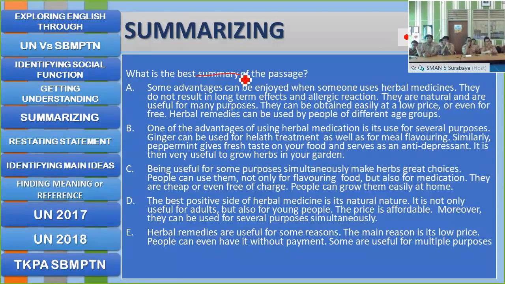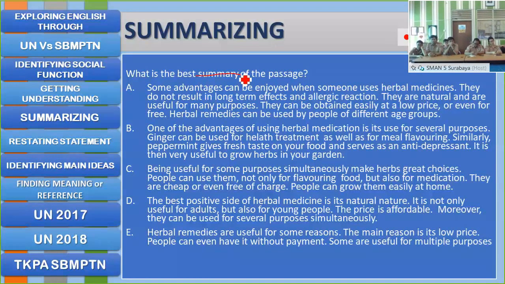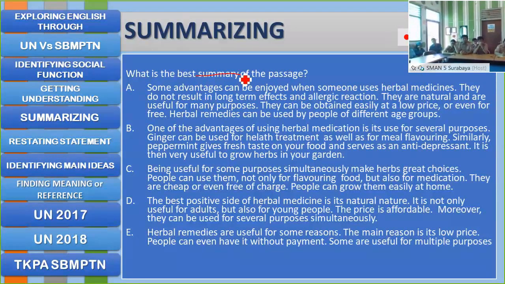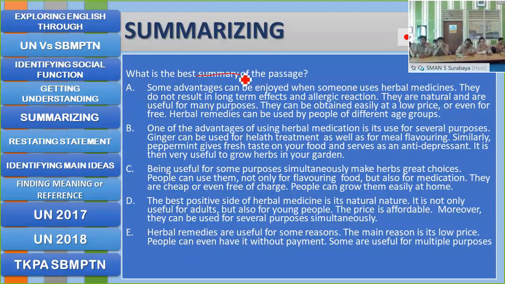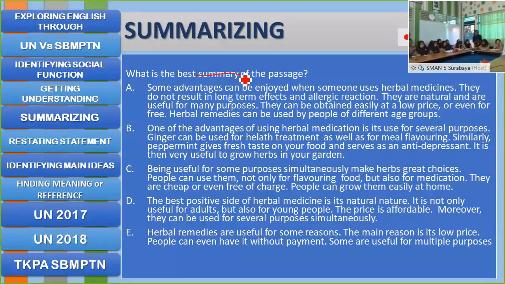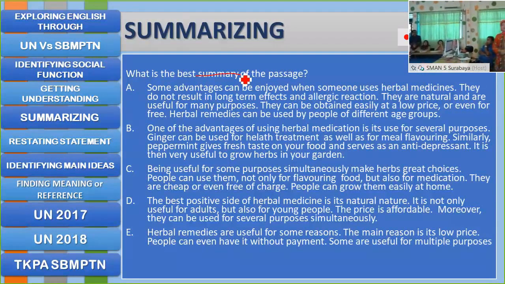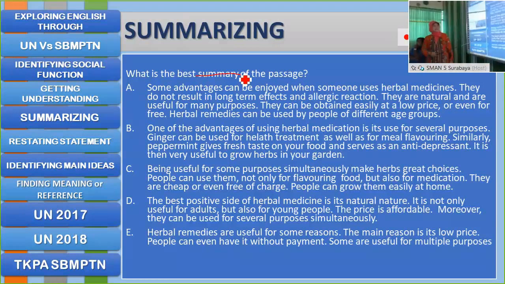So when the text is talking about the advantages of herbal medicines or herbal remedies, they have many purposes, and it is easy to obtain, having low price or even free, and can be applied by any level of age, yeah?